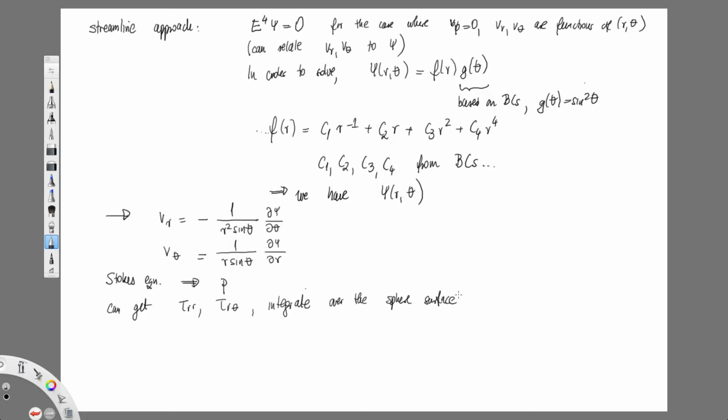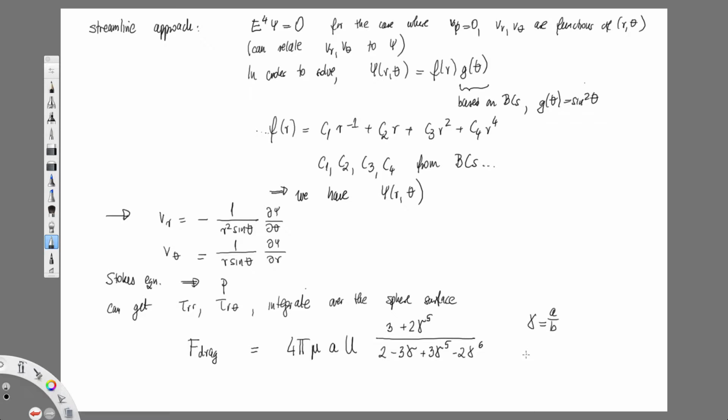So I will just give you the final solution for the drag force. It is 6 pi mu a, which used to be my radius, U, times 3 plus 2 gamma to the fifth, divided by 2 minus 3 gamma plus 3 gamma to the fifth minus 2 gamma to the sixth, where gamma is a over b.